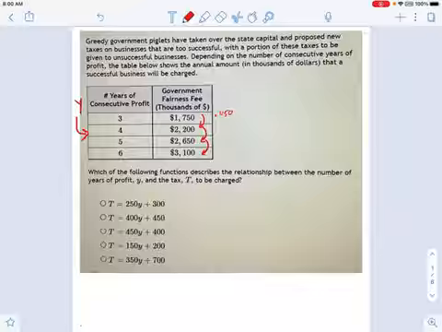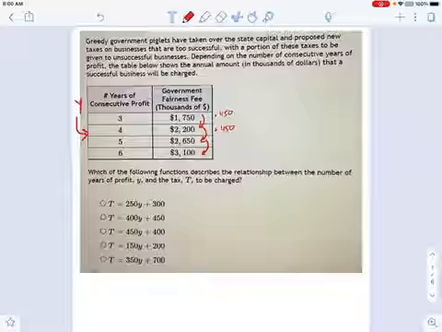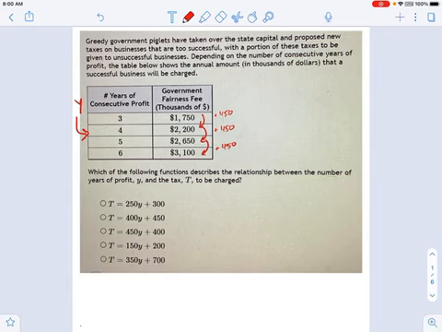And 2,200 to 2,650, that's another 450. And then it looks like another 450 after that. So you can see that the tax is rising by $450 per year of consecutive profit. So we're looking for something that has a slope of 450, and that is probably the quickest way to find the equation that we're looking for.